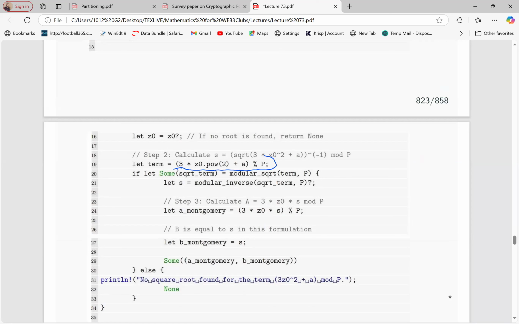Oh, this is not the formula for that. This is where you are checking for the square root, the scaling factor.